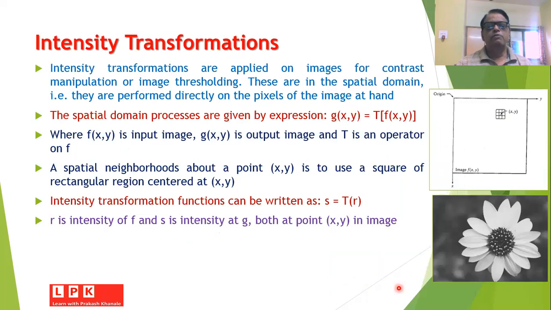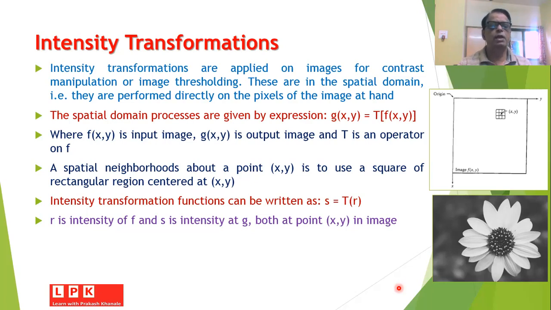Now let us understand what we mean by intensity transformation. Whenever we have a digital image, we can perform several operations on it. Whenever we manipulate the contrast of the image, such a manipulation is called intensity transformation.